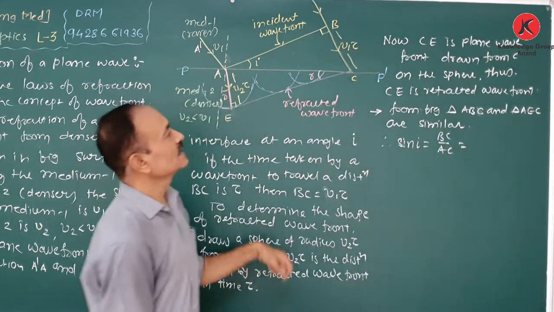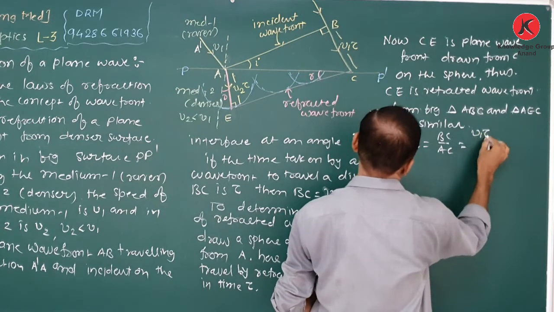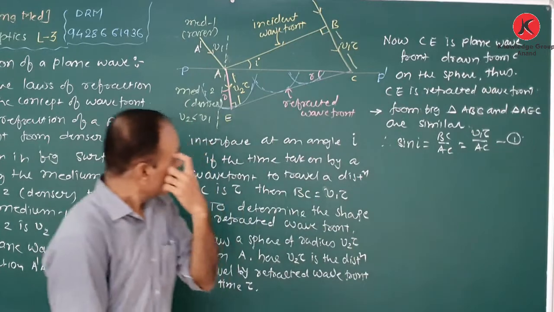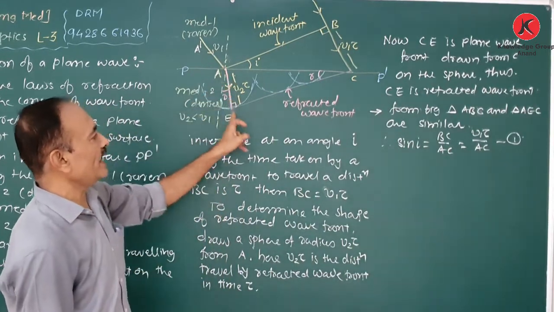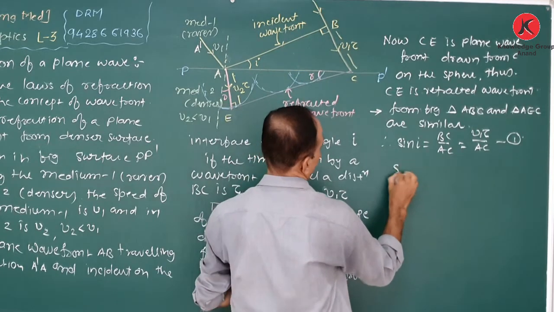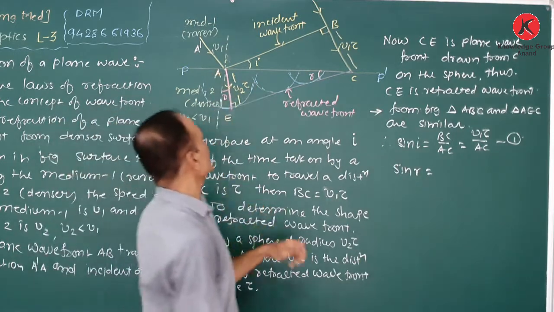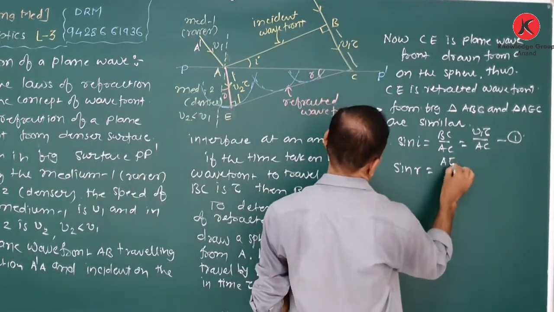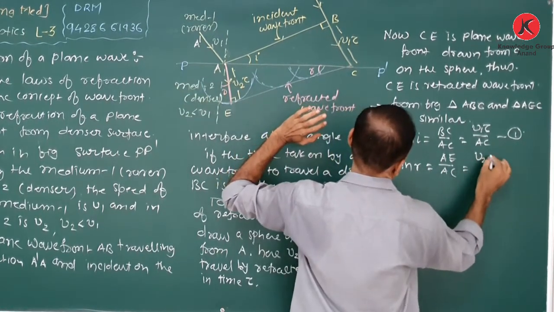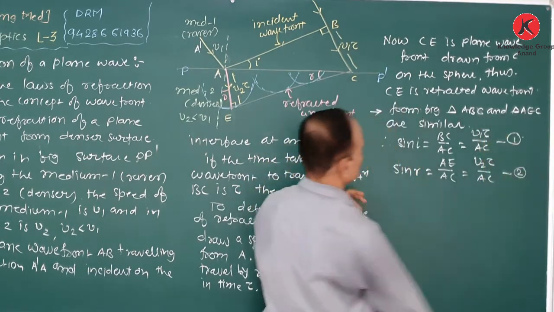What is BC? BC is v1 into tau. Therefore, sin i is equal to v1 into tau upon AC. That is equation number 1. Now, for the right angle triangle AEC, we take the sine of this angle. Sin r is equal to opposite upon hypotenuse, that is AE upon AC, but AE is equal to v2 into tau, so sin r is equal to v2 into tau upon AC, equation 2.